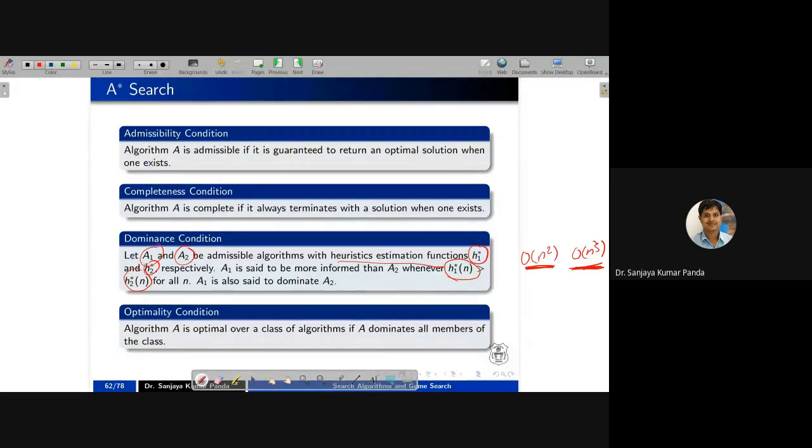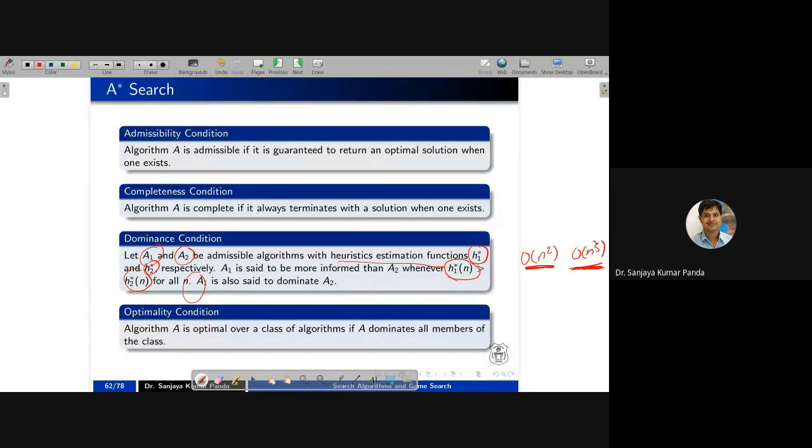If for every value A1 is better than A2, then A1 is said to be dominating and A2 is said to be dominated. You take two algorithms, run them with different sets of inputs, and find that the first algorithm always gives better or faster performance than the second one, then you can say one algorithm is dominating the other.